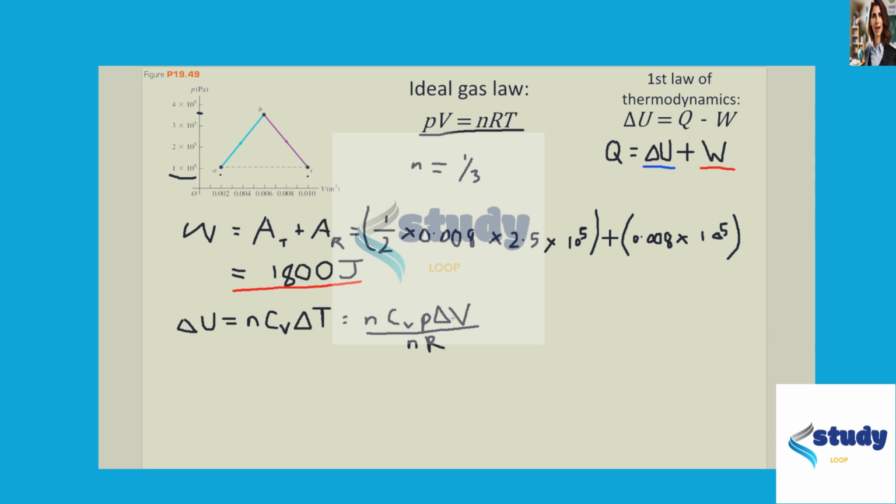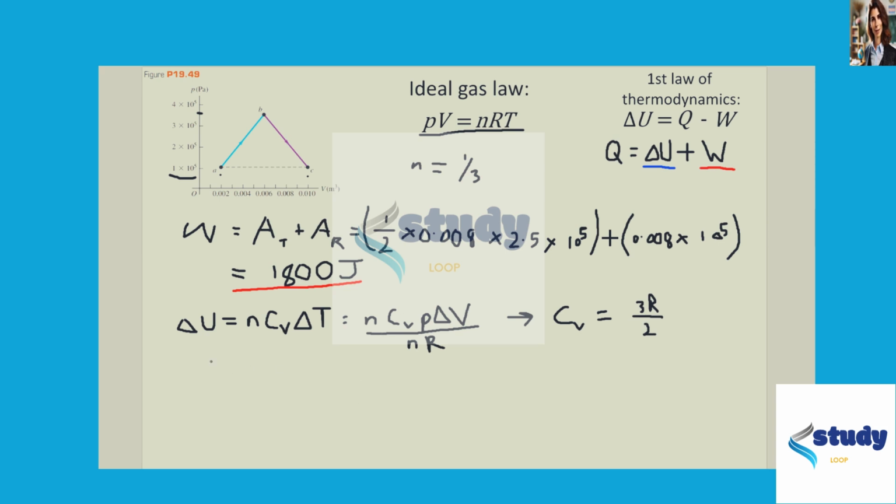So that's why we have a delta V here and a constant P there. So now the only other value that we don't know is this heat capacity CV. However, for an ideal monatomic gas, we can say that CV is equal to 3R over 2, where R is the ideal gas constant.